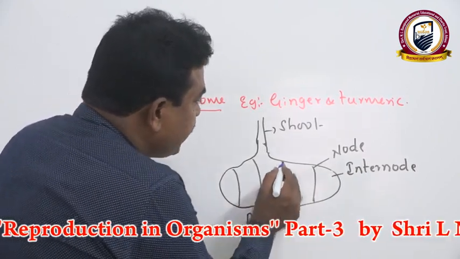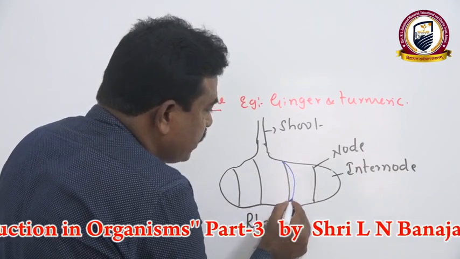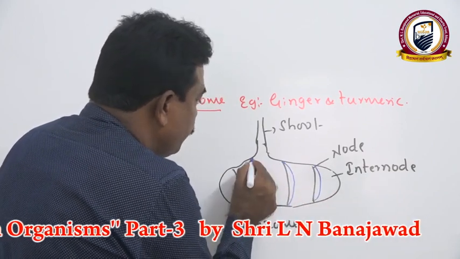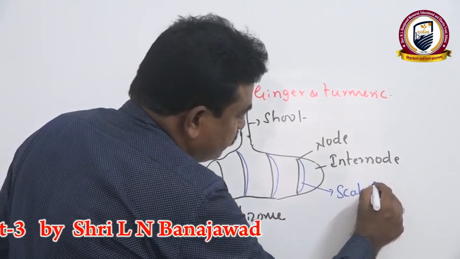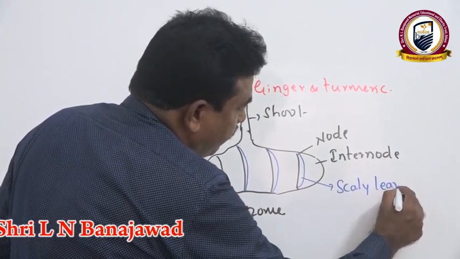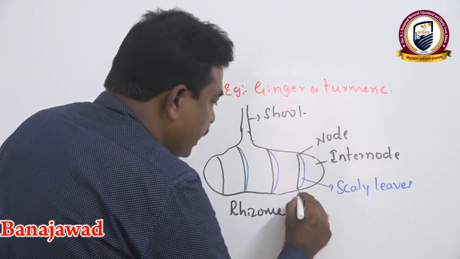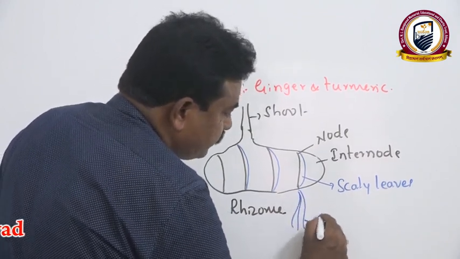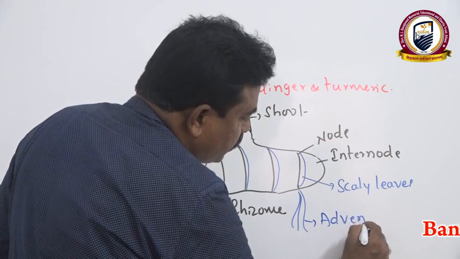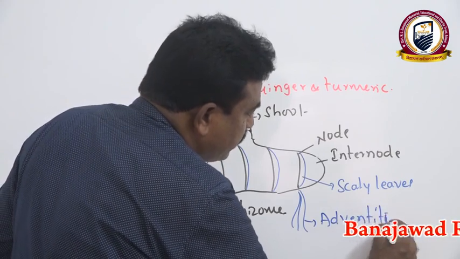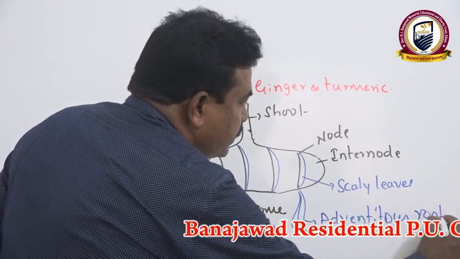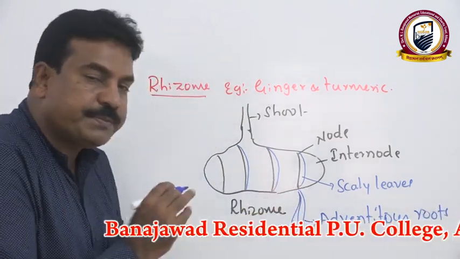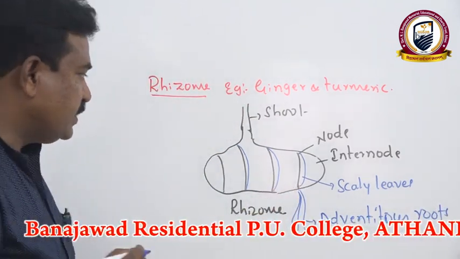Then just in the nodal region of the rhizome, we have even scaly leaves also, with adventitious roots. You know, the roots developed other than the radicle, we call adventitious roots. Generally these roots develop from the nodal region of the stem.